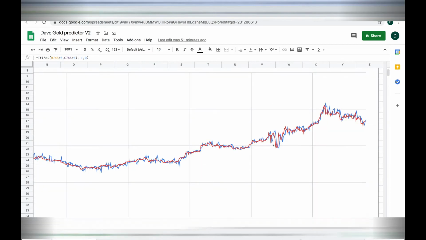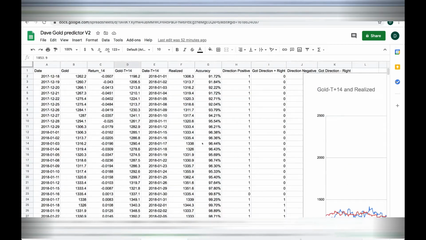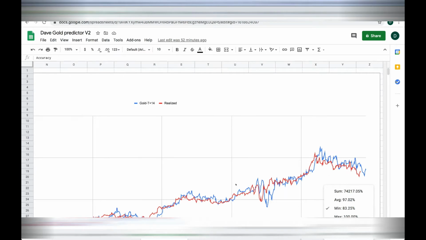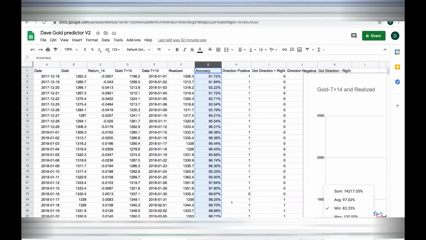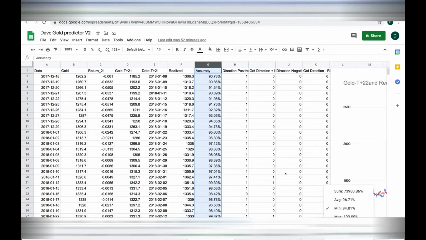It's not the best you can get, but it's decent. Over a 3-day period, I'm getting 98.3%. For a 14-day period, the average accuracy is 97%. So it's above 97% in terms of prediction accuracy, and it's pretty decent.